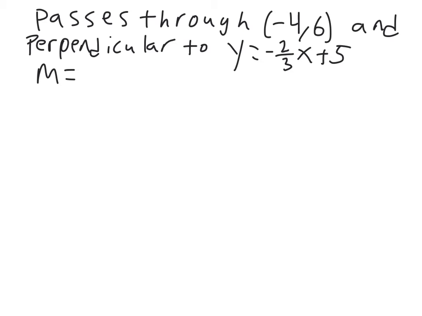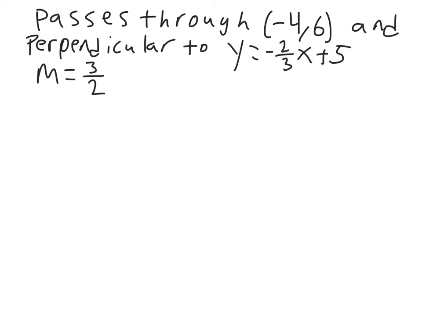That means we change the sign, so the negative becomes a positive, and then we take the reciprocal of it. 2 over 3, you flip that. That becomes 3 over 2. So change the sign and then flip the fraction.